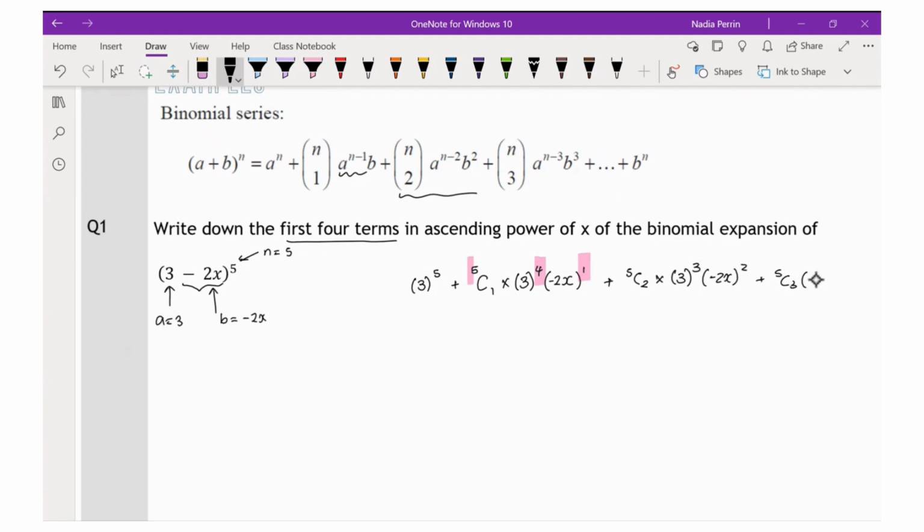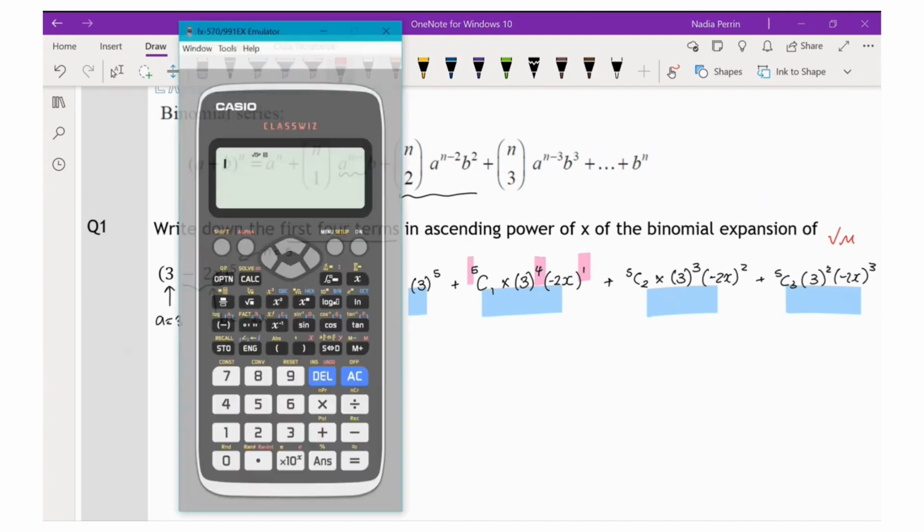So you should be able to just do the next one without almost even looking at it, because it's gone 5, 4, 3. So this is going to be 2, and -2x is going to be to the power of 3, because that's gone 1, 2, 3. And they only wanted 4 terms. So these are your 4 terms here, 1, 2, 3, 4. So you're going to get a method mark for writing that. And then the next marks are allocated for accuracy.